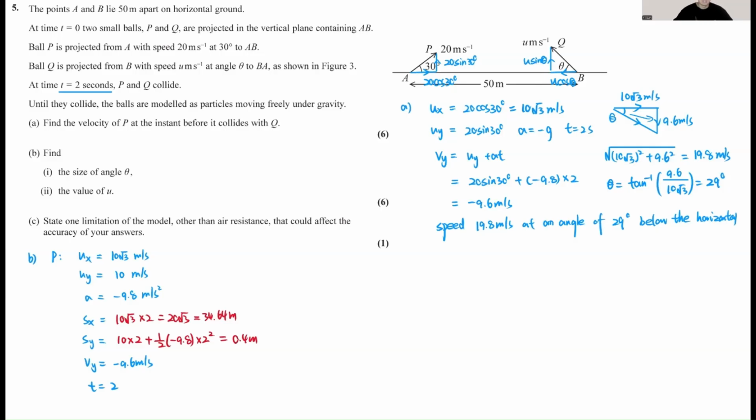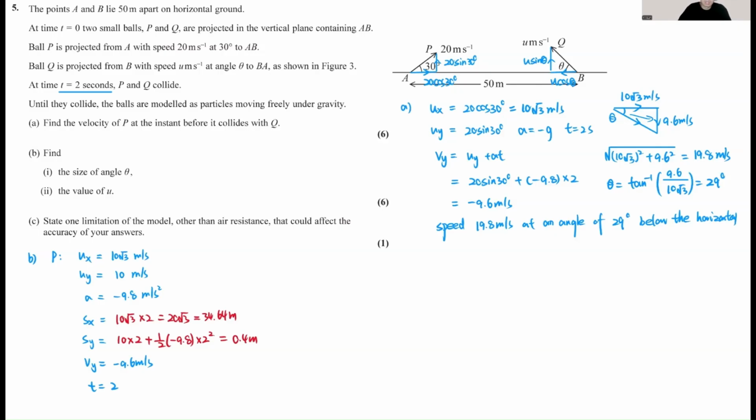Okay. So now we work out, let me just double check. It seems too small. So 10 times 2 plus half times negative 9.8 times 2 squared. Yeah, it is 0.4. Okay. So now we work out the horizontal displacement and the vertical displacement.